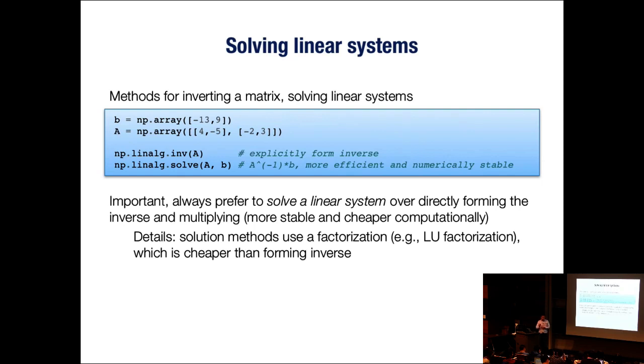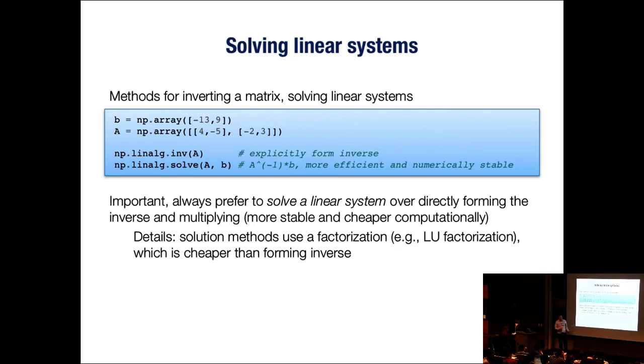The reason is a subtle one, but it has to do with how you actually compute that solution. So it turns out that from a big O notation standpoint, they're both the same complexity, but from a standpoint of the actual number of operations you do, the constant term, computing the solution to a linear system is actually much more efficient than computing the inverse of a matrix. The way this works internally is you form a factorization called an LU factorization, then you use back substitution to find the solution.